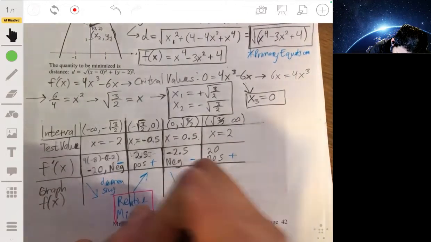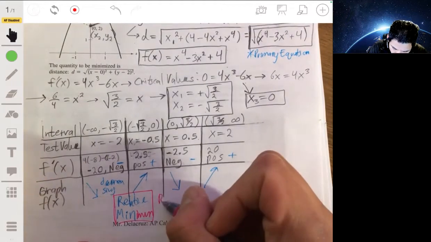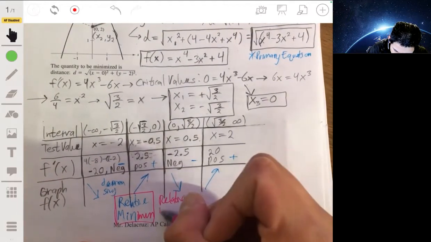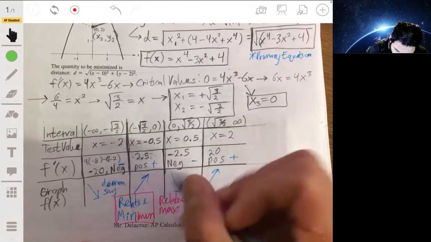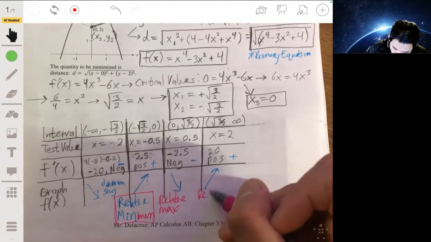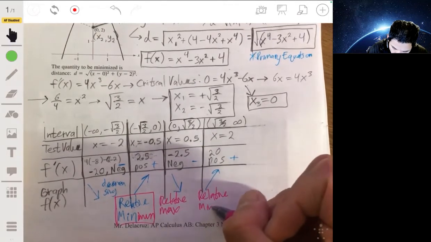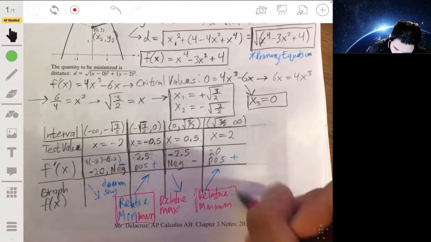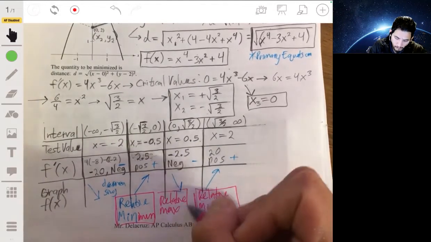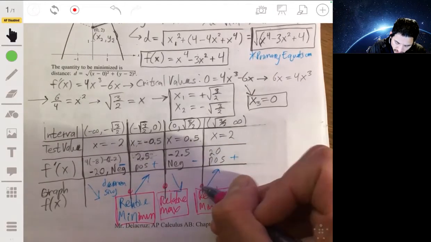Relative minimum here. Over here, since it's increasing then decreasing, here you have a relative max. And then here, decreasing and increasing. So over here, you have a relative minimum again. So relative max, relative minimum, and two relative minimums.